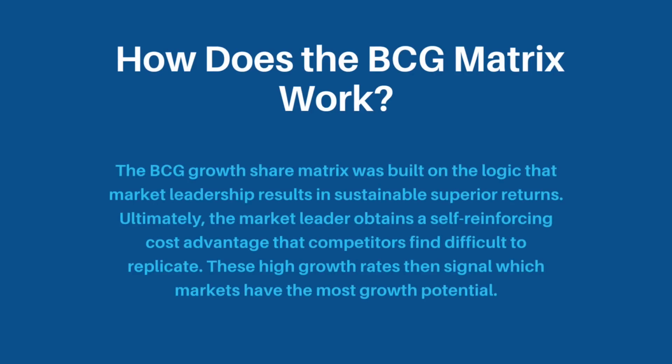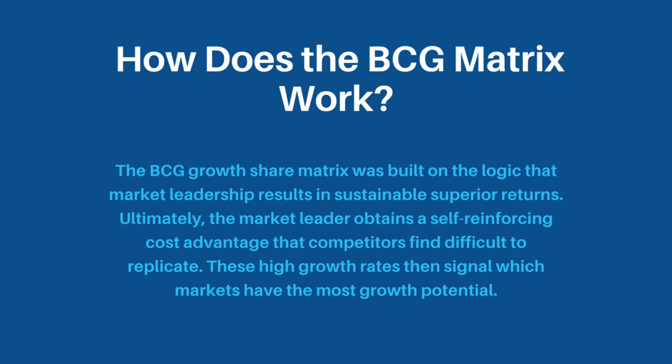The BCG matrix was built on the logic that market leadership results in sustainable superior returns. Ultimately, the market leader obtains a self-reinforcing cost advantage that competitors find difficult to replicate. These high growth rates then signal which markets have the most growth potential.